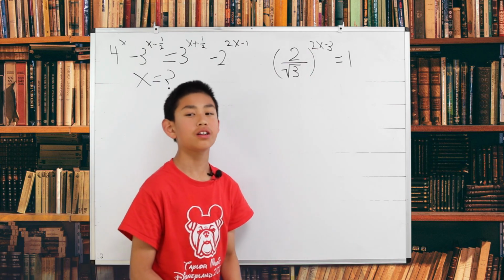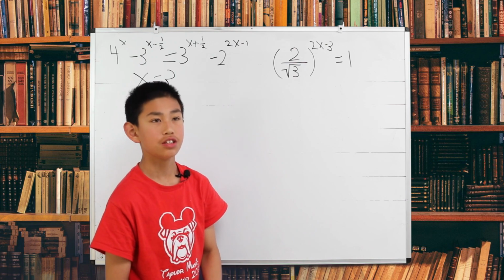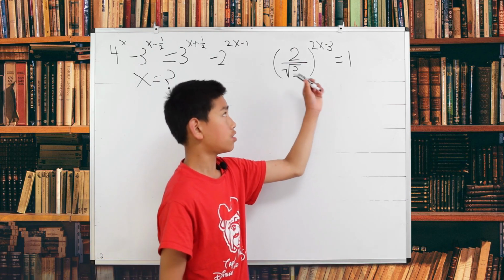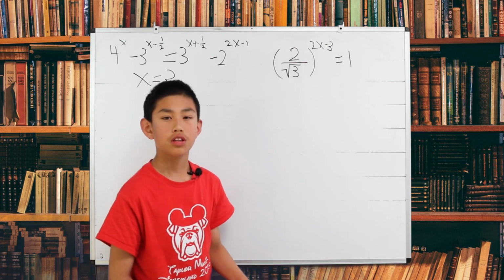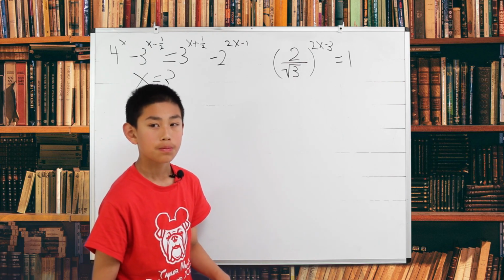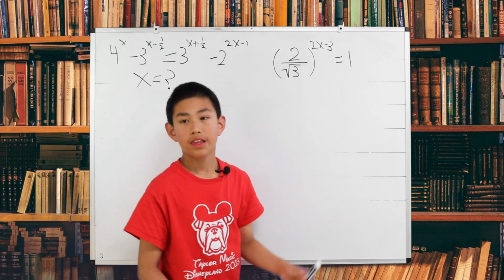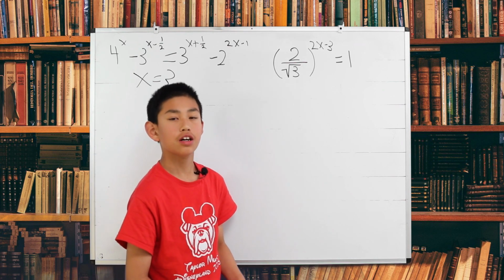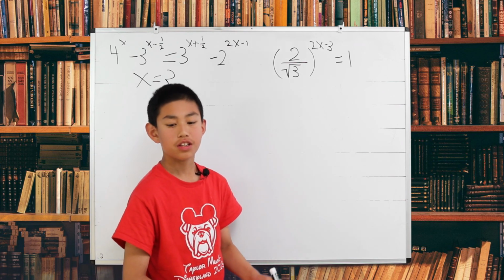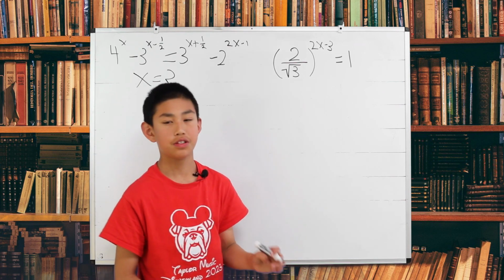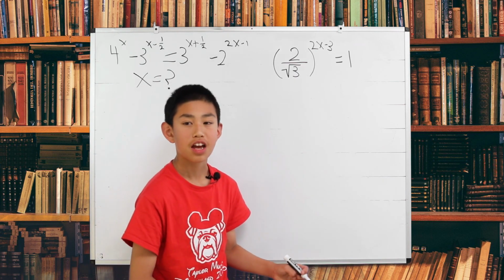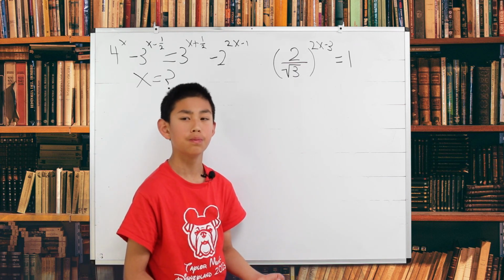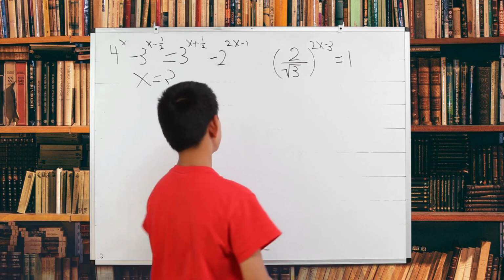The only thing blocking us from finding out what x is is that the bases are not the same, so the powers cannot be the same. We have to make the bases the same. And we think of the property of the power of 0. Any number to the power of 0 is 1, so we use that.